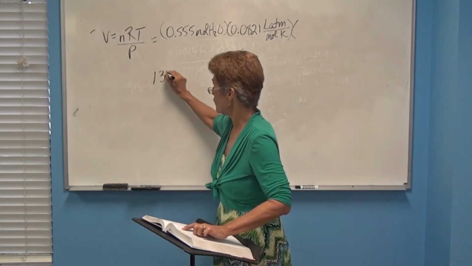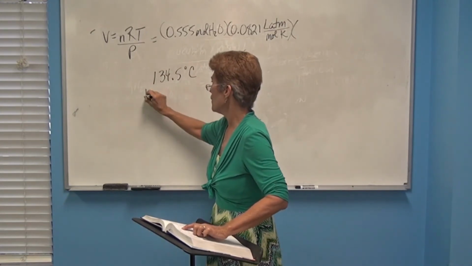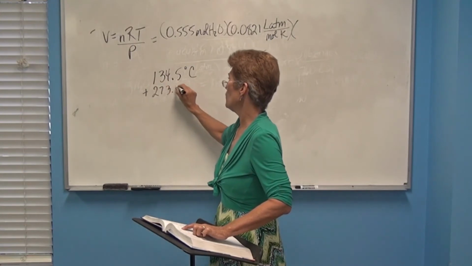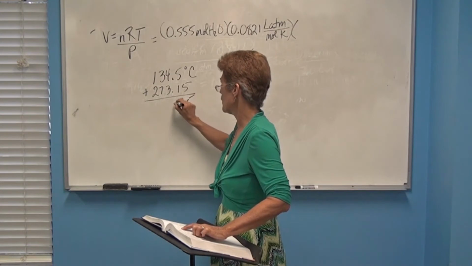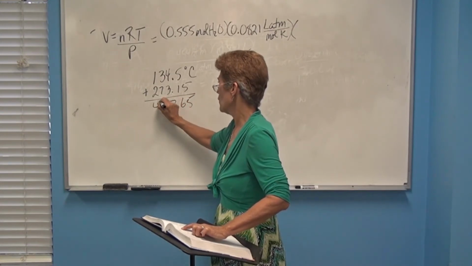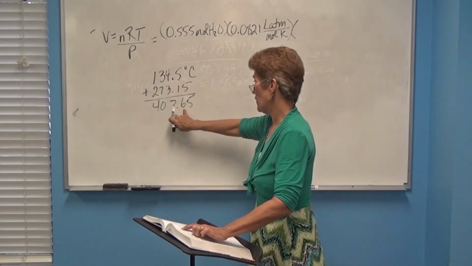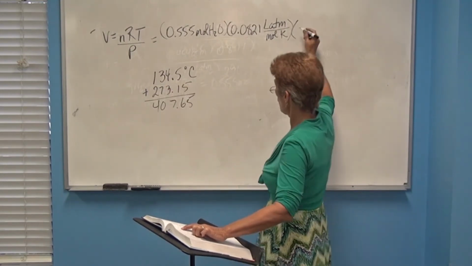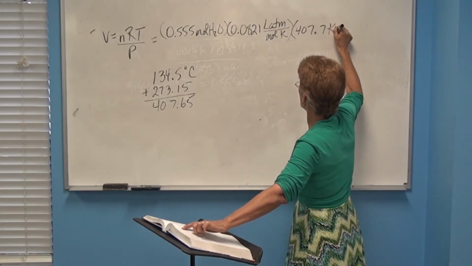Temperature is 134.5 degrees Celsius plus 273.15, so that's going to give me, wow. Now, we can only use it to this place, so this is going to round up. So we're going to go 407.7 Kelvin.